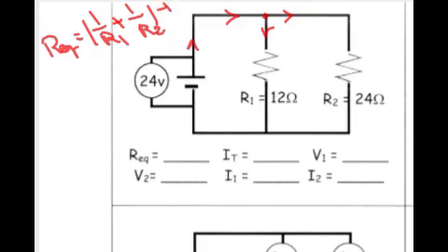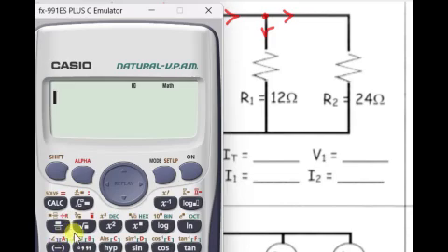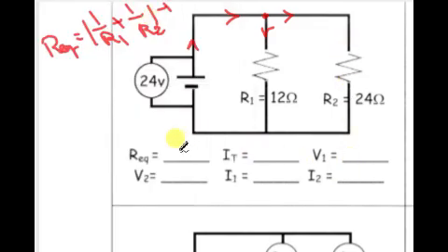So let's see together how we can find it. First, make the brackets: 1 over 12 plus 1 over 24. Don't forget to close the brackets and put it to the power negative 1. So what do we have? Yes, it's 8 ohm.